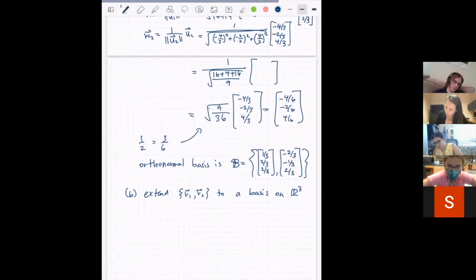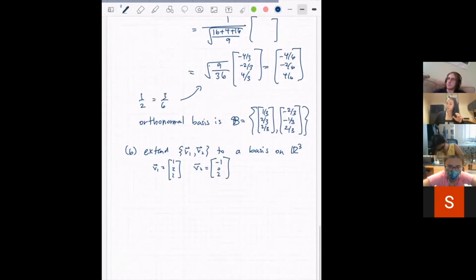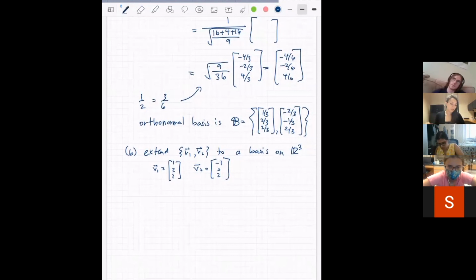V1 and V2 were 1, 2, 2, and -1, 0, 2. Okay. And the easiest way to find another vector that is linearly independent with these, we just need to find one. We don't need a particular one, just anything that will work.